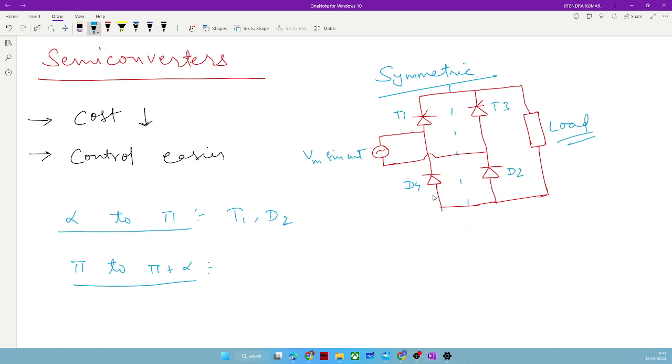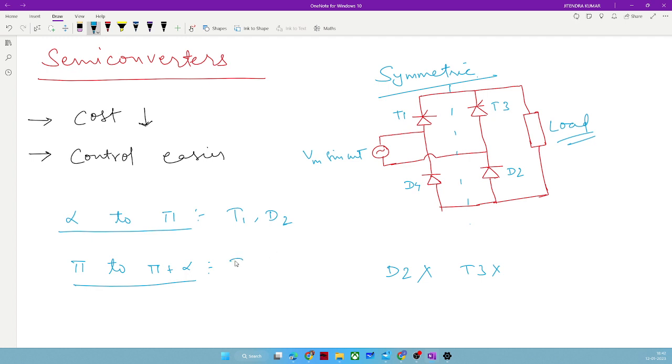D2 is going to turn off. D2 should not conduct after pi, so the scope of D2 is cancelled. T3 is also not going to turn on. So we are left with T1 and D4, right?